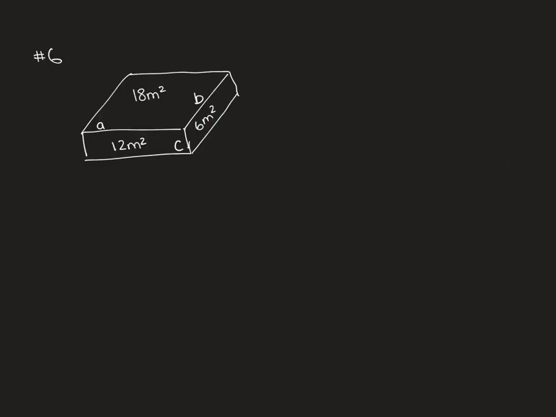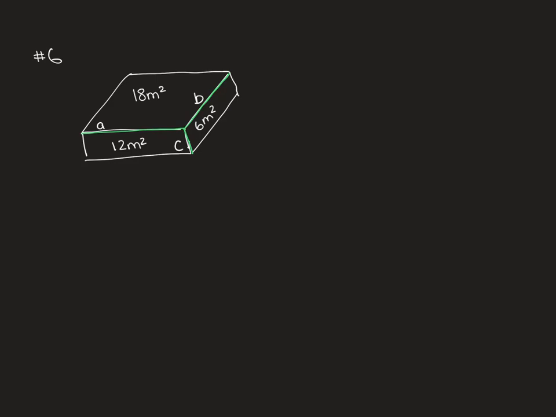Okay, number 6 is a little bit challenging. So they've shown us the 3 sides, and we have to figure out the possible lengths of A, C, and B. Some of you may be able to just look and go, I think this works. I'm going to give you a systematic breakdown.